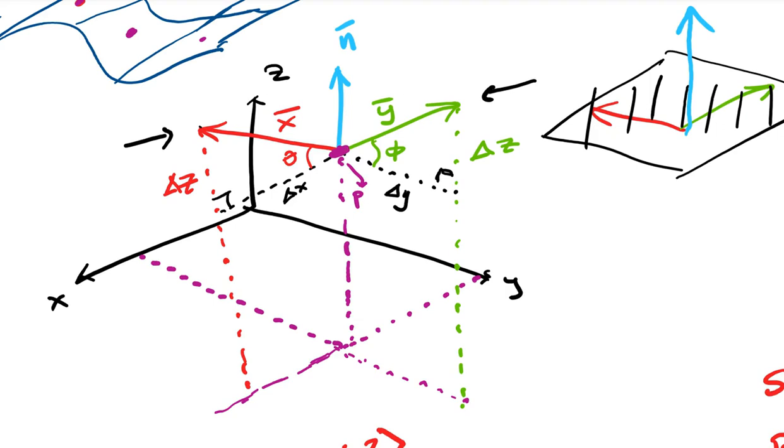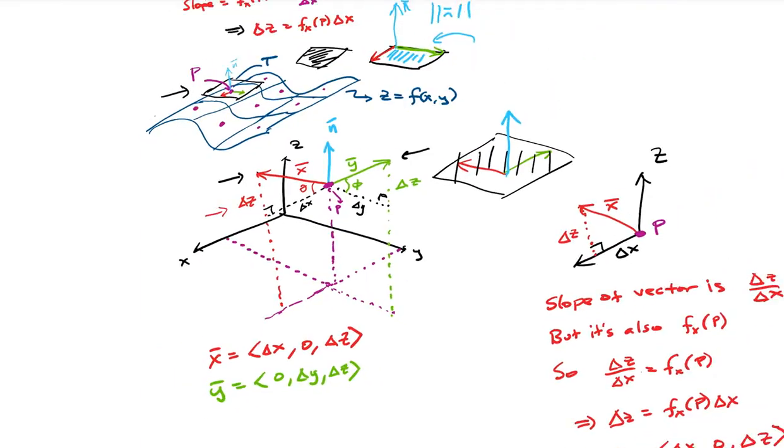If you look at this delta z here, that delta z is the change in the z direction that the vector is going up in the vertical. And this delta x is the change in the horizontal that you go along to form this vector. I drew this somewhere else.